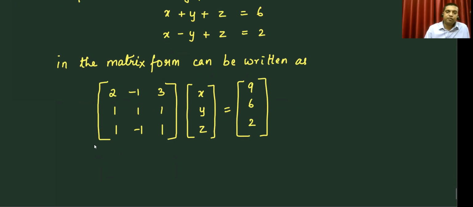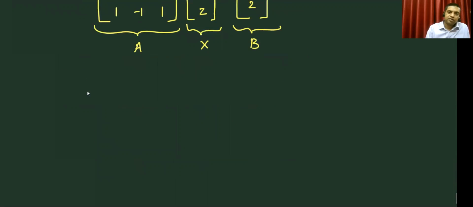So this is the coefficient matrix A. This is the variable matrix X, and this is the constant matrix B. So X is equal to A inverse B.